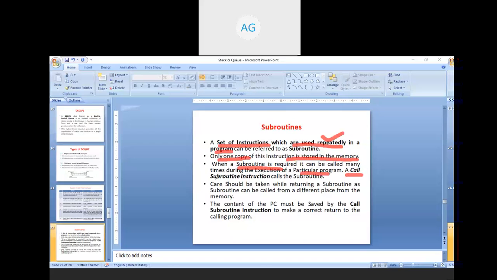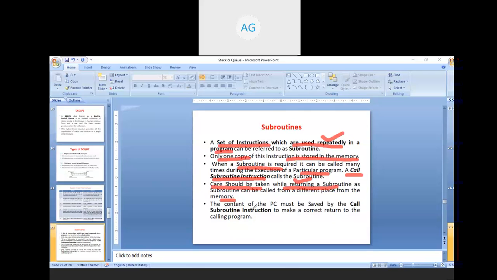So a call subroutine instruction calls the subroutine. But care should be taken while returning from a subroutine, as a subroutine can be called from a different place in the memory. So, care must be taken in returning from the subroutine, as it can be called from anywhere in the memory.